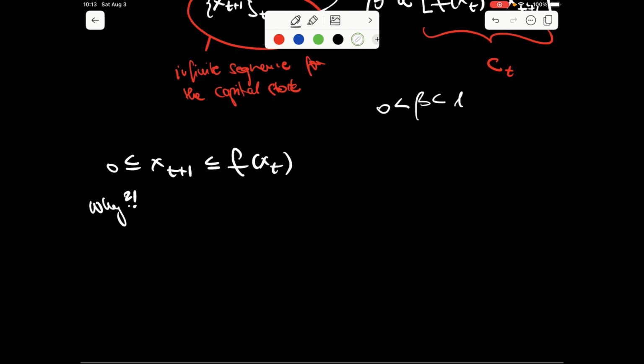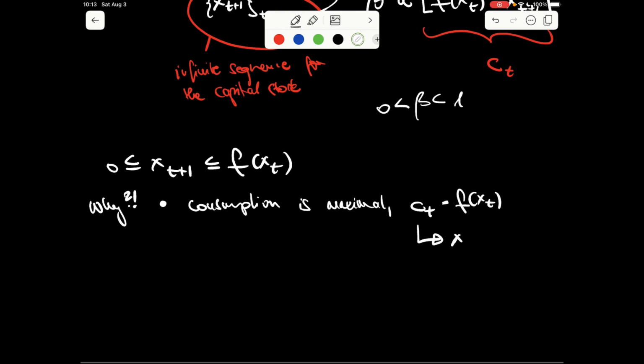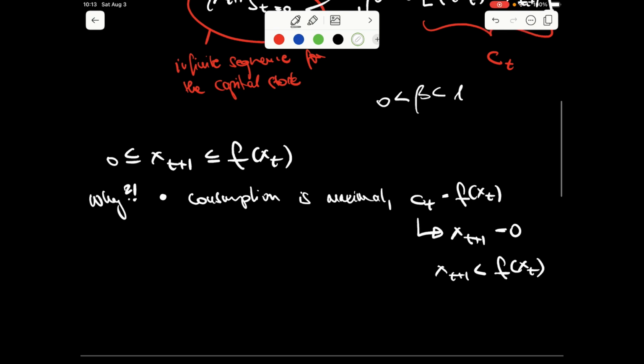We have two cases. When consumption is maximal, we have consumption as the total output in period t, which implies that capital stock next period is 0, which of course implies that capital stock next period is lower than output in period t.